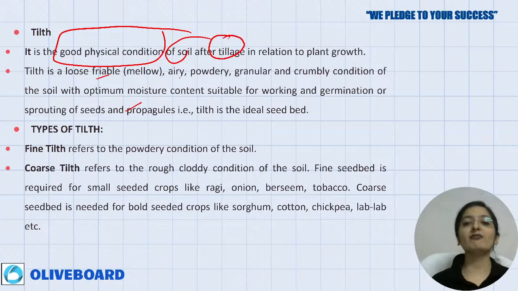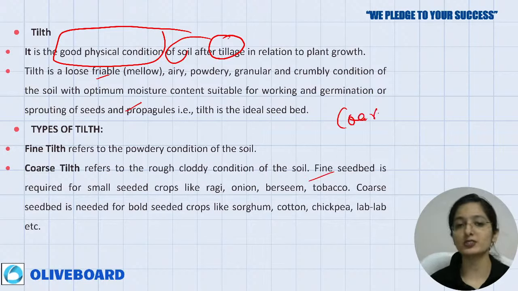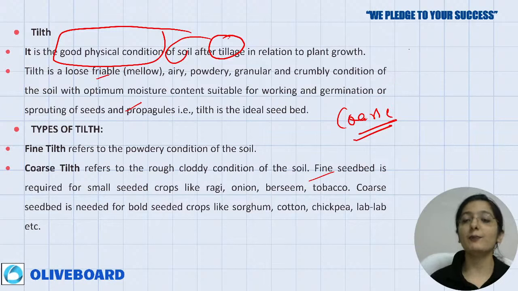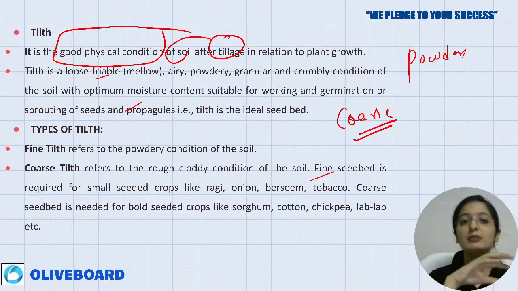So here you have different types of tilth based upon what you want to grow. If you want to grow cotton or chickpea, for such types of crops you need a seedbed that is coarse, right? If you want to grow a different variety of crop, some require a powdery kind of condition, where sometimes there are fine grains, or sometimes your soil is completely powdery.